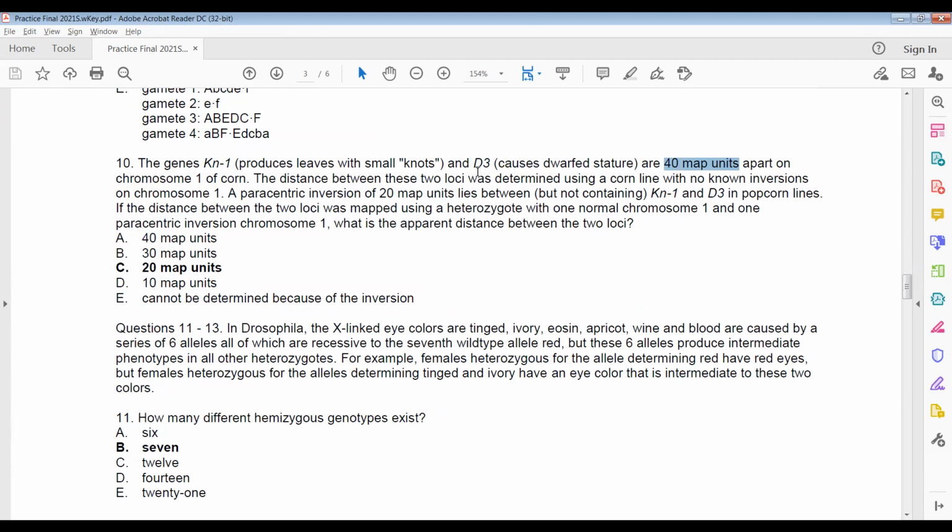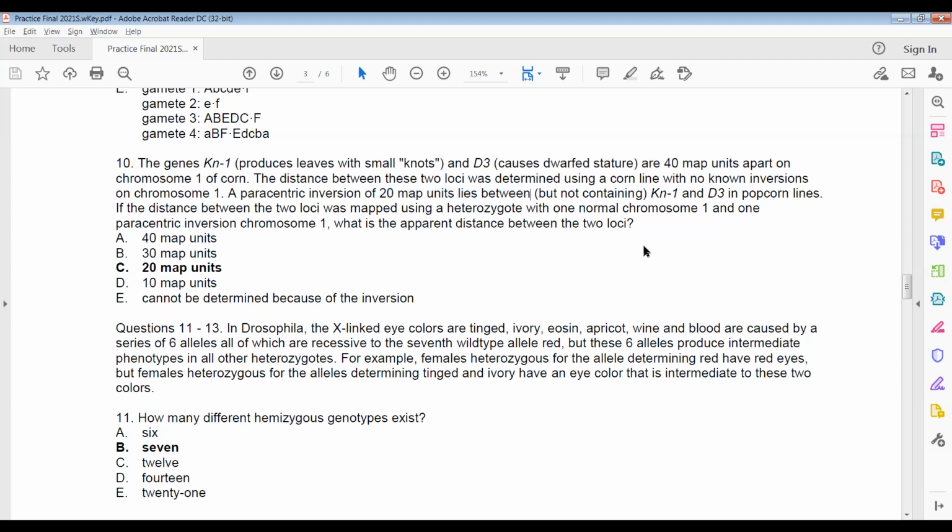However, if we cross the standard corn line with another, special popcorn line, on chromosome 1 there's an inverted region between these 2 genes, an inversion, either paracentric or pericentric, and the region covers 20 map units between these 2 genes.